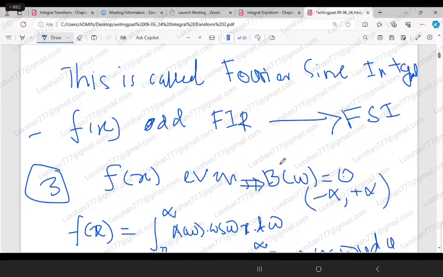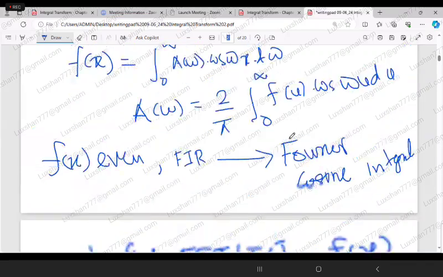Therefore, the first three things are Fourier integral representation, which we always define in the range minus infinity to plus infinity. If the function is odd, the Fourier integral representation becomes the Fourier sine integral. If the function is even, it becomes the Fourier cosine integral.